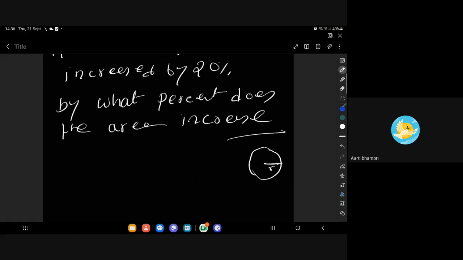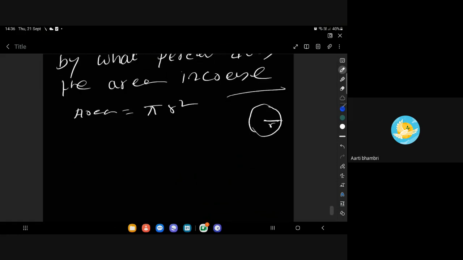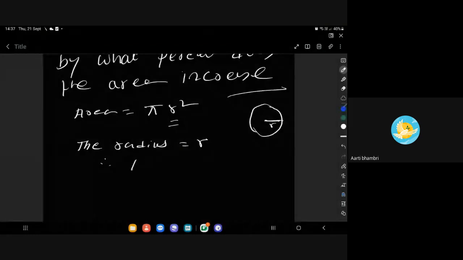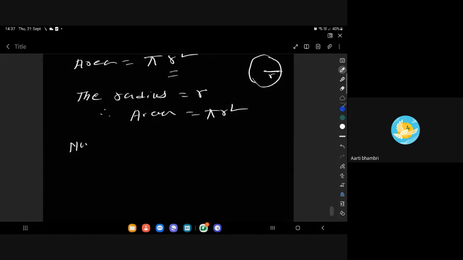So this is R. Then the area will be pi R square. Now suppose the radius is R. So the area will be pi R square. Simple.